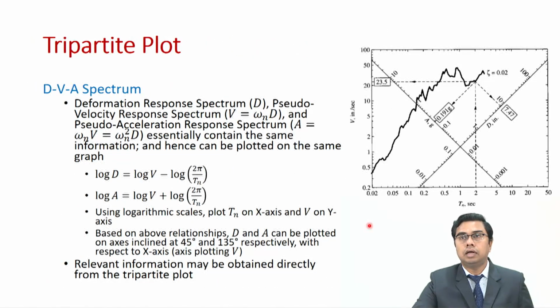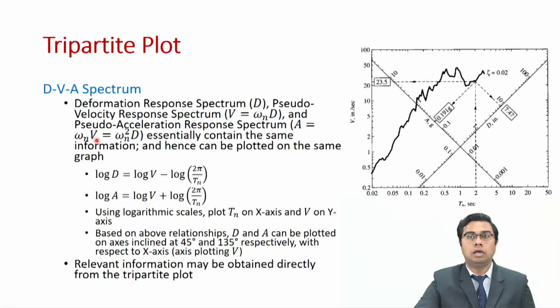So, we have v equals omega n times d and a equals omega n times v. We can write them in logarithmic terms by taking logarithm on both sides of these equations, as log d will be given by log v minus log of 2 pi by Tn, and log a will be given by log v plus log of 2 pi by Tn.